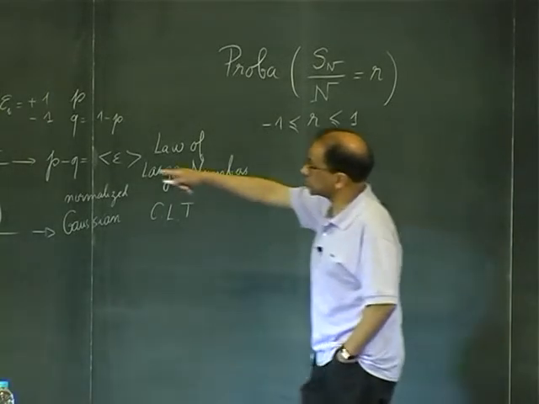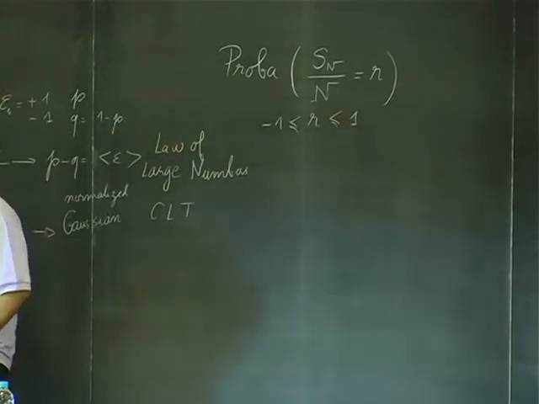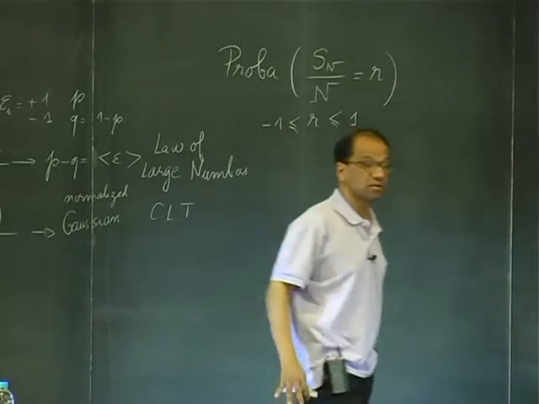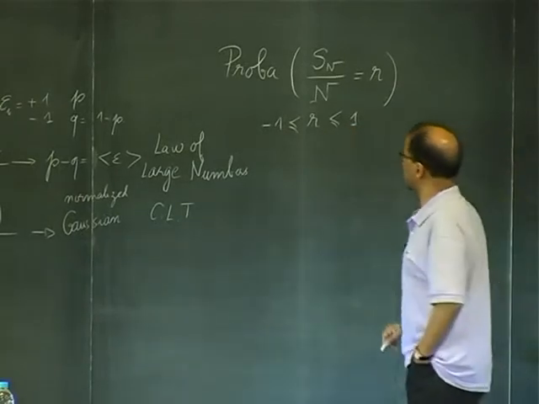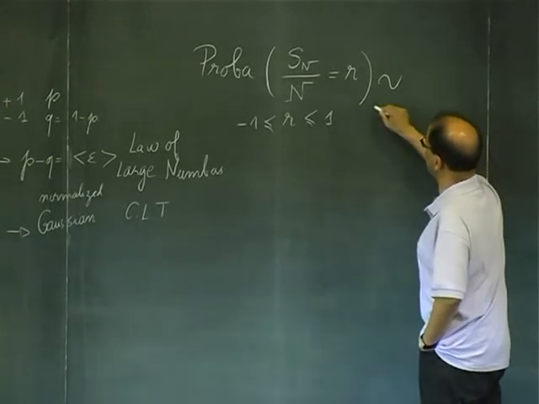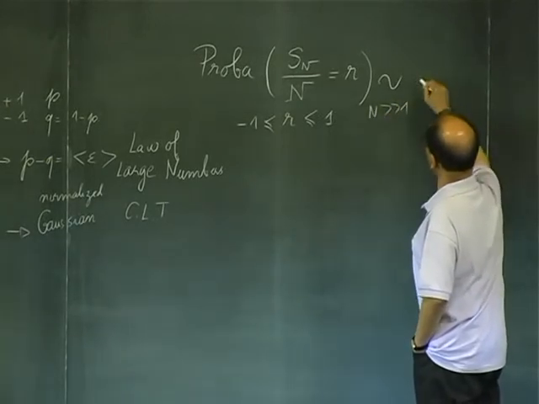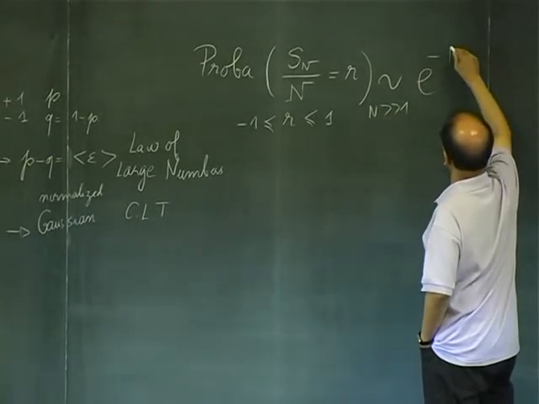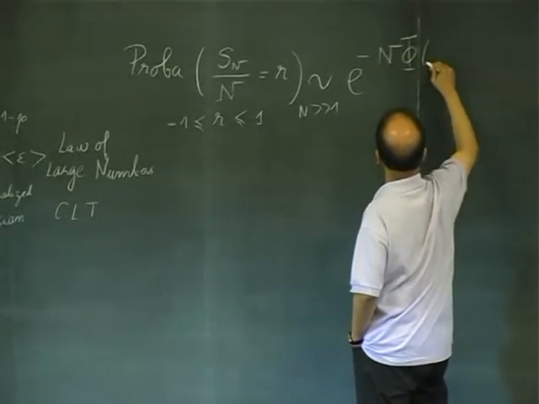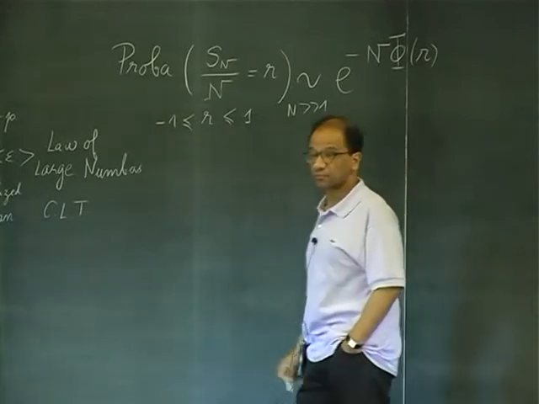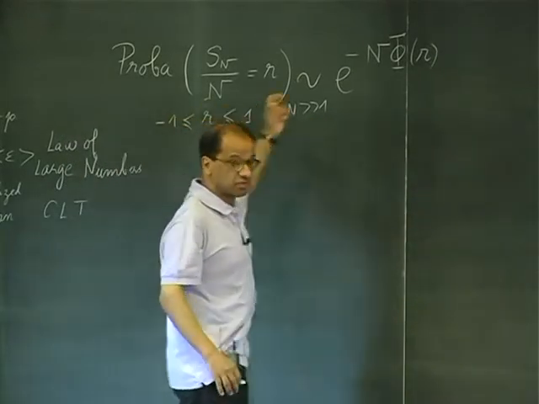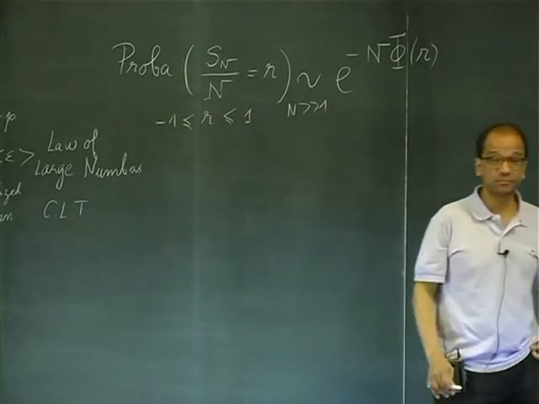Well, you can do the exercise here. It's infinitely simple. It's just a binomial distribution, Stirling approximation, and you will find that this thing for large n behaves like exponential minus n times the function phi of r, and this function phi of r is positive because this is a probability, so it's a number which is less than 1.